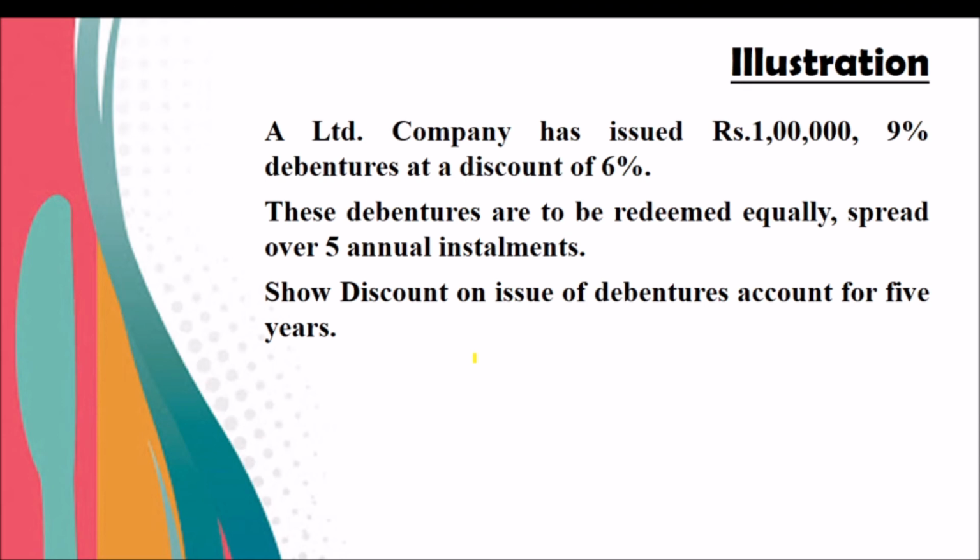So the amount of debenture redeemed in each year will be 1 lakh divided by 5, 20,000. So every year we will repay 20,000, 20,000, 20,000, like that, equal installments.